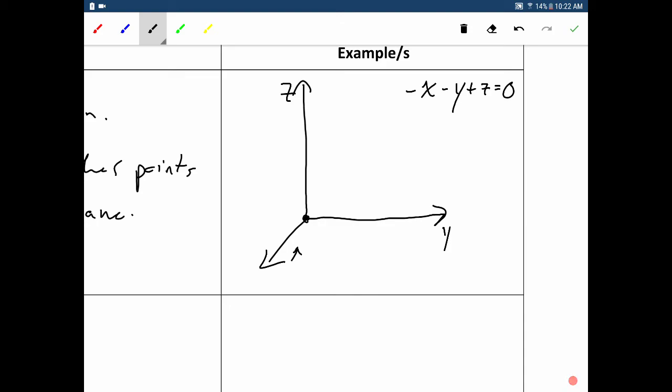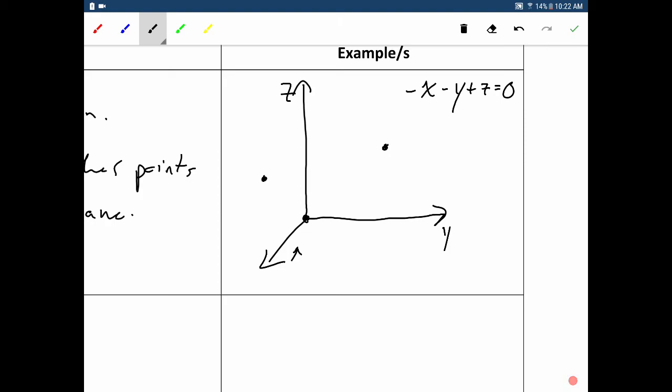Then we say, what if x was 0 and y was 3, then z would be 3. So we'd have a point right there. And then what if y is 0, x is 3, then z is 3? So that's going to be right there.